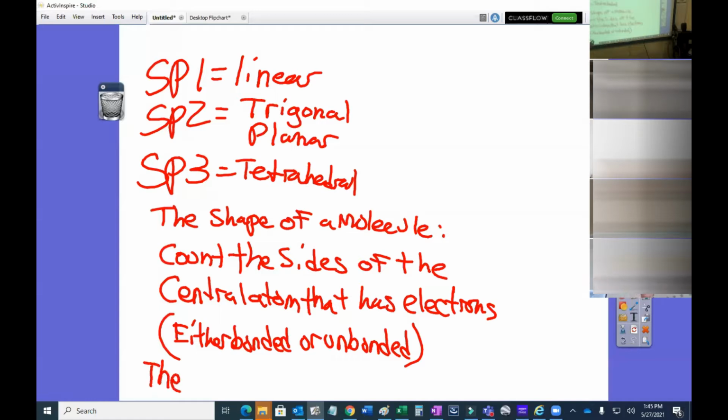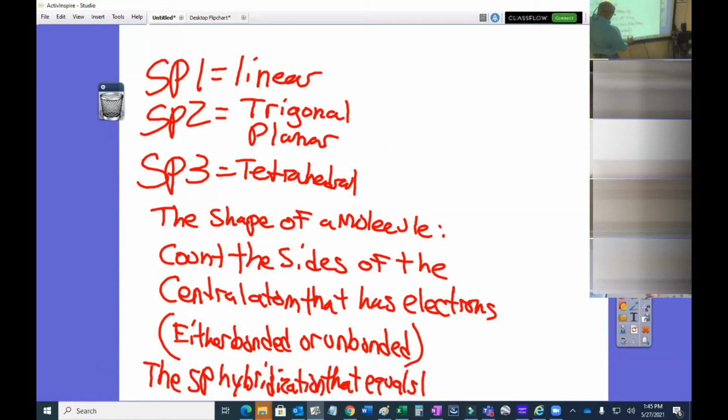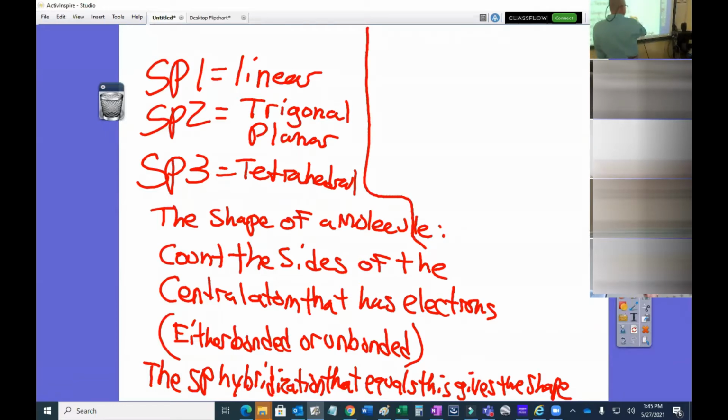The sp hybridization that equals this gives the shape. Let me explain that. So let's say we have a central atom X. I'll do this. Example.